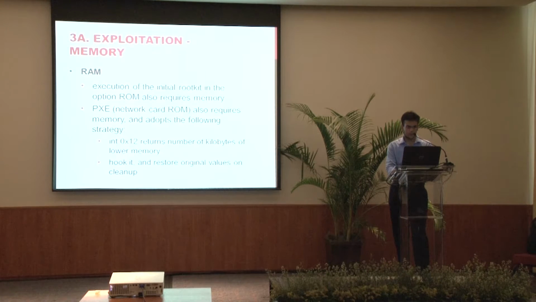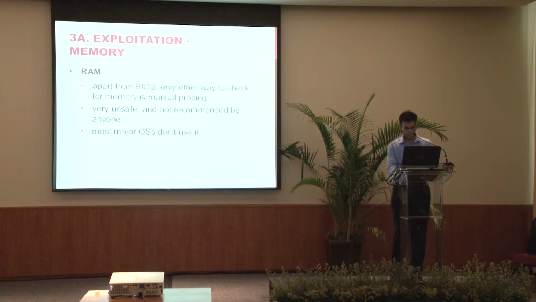You can hook it, and restore the original values and clean up. So the same strategy can be used by your malicious rootkit. You can hook the interrupt, take away some memory, and once you have done your basic initialization, taken away memory from the int 15 interrupt, then you can restore this value.